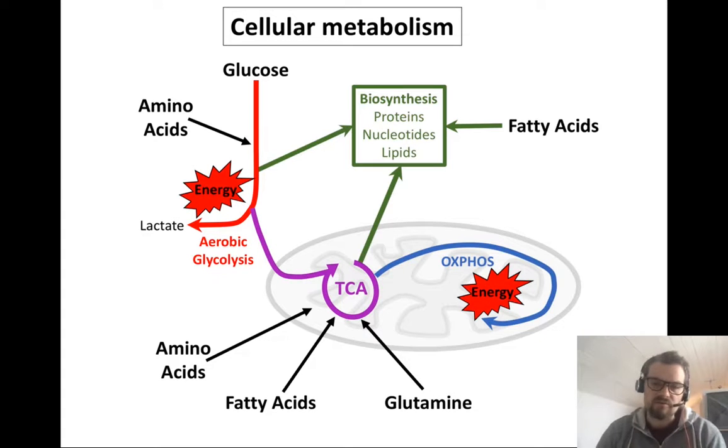And when one cell becomes two, obviously you need to replicate all the proteins, the DNA, the nucleotides, and also the lipid bilayers. So often in an activated lymphocyte or an activated immune cell, there's a huge biosynthetic burden. And these basic fuels like glucose and glutamine can feed into the cell, and their metabolites can then be siphoned off from these core metabolic pathways that drive energy production to be used for biosynthetic purposes.